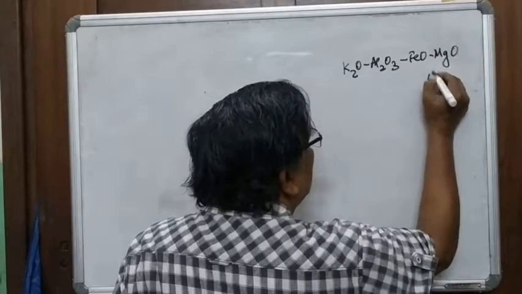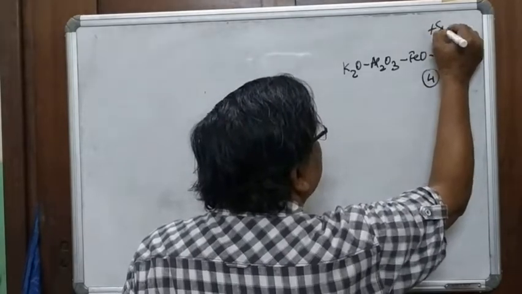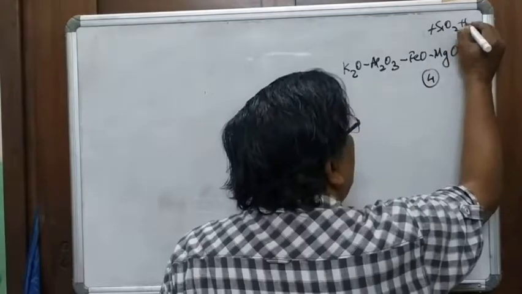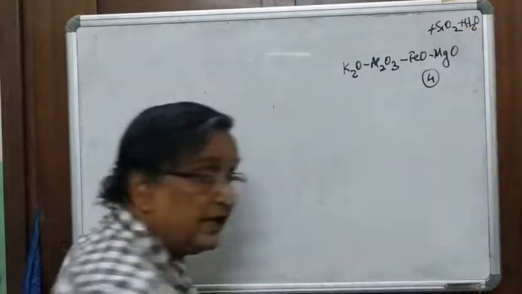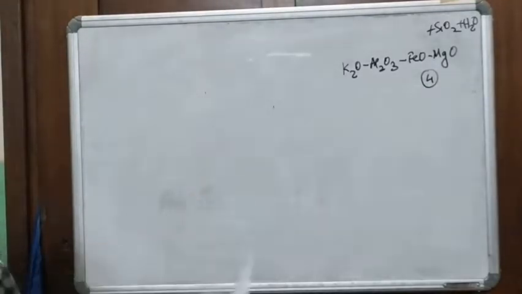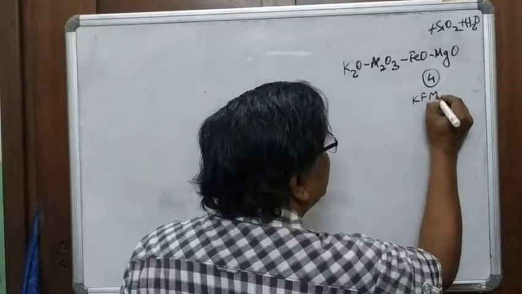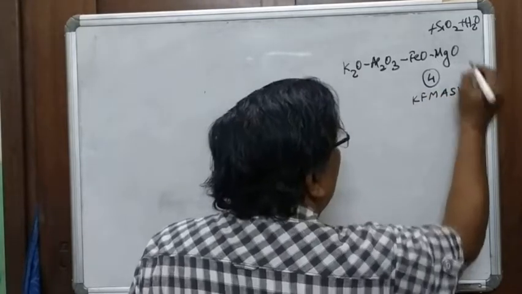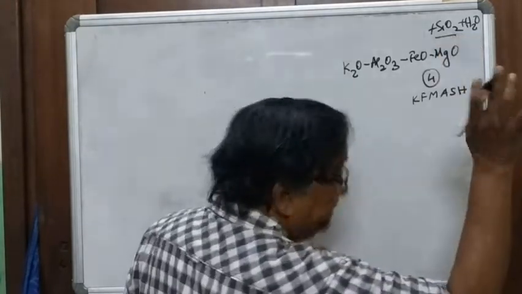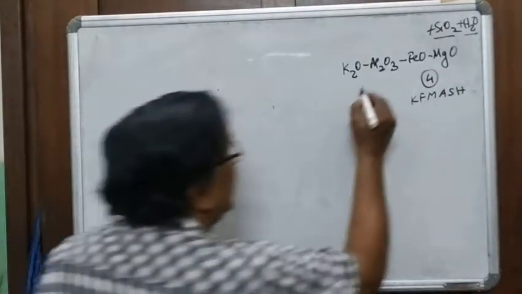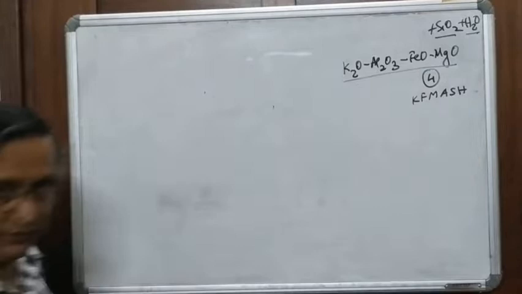We have a 4-component system plus SiO2, pure SiO2 quartz, plus H2O, which means what? Externally controlled system. So this system is called KFMASH, where SiO2 is present everywhere and H2O is externally controlled. So out of that, we have now 4 components to deal with.